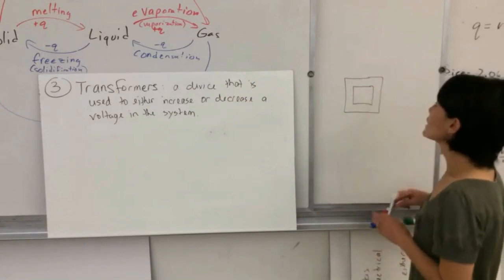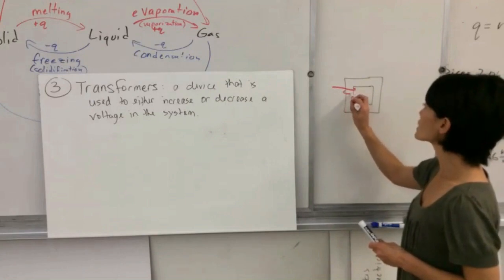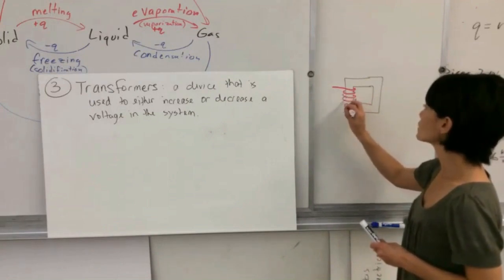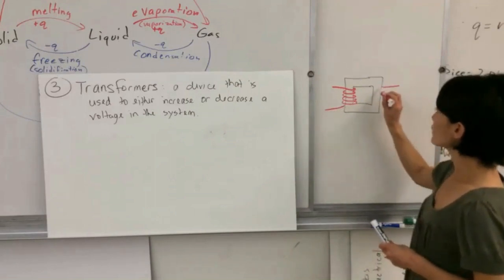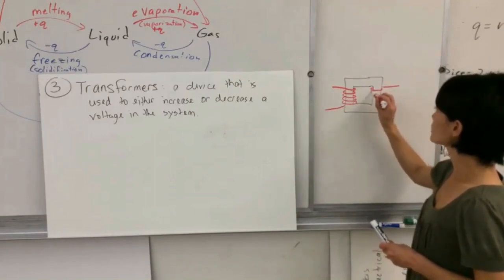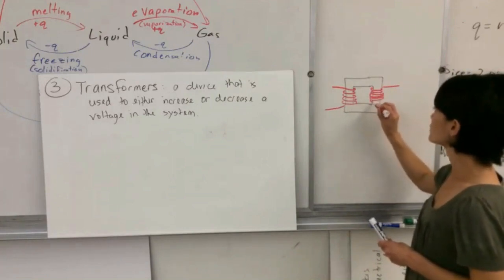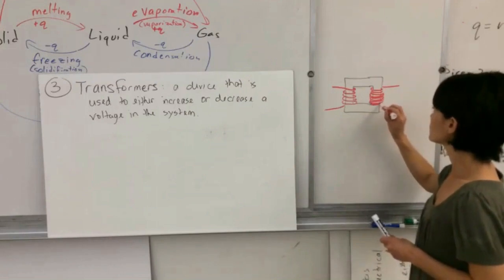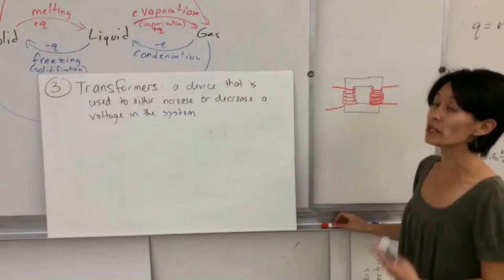And you end up having a coil of wire that goes through one section. And then you have coils of wire that go through another section. And there's a different number of coils. So it's just two coils of wire that are near each other.